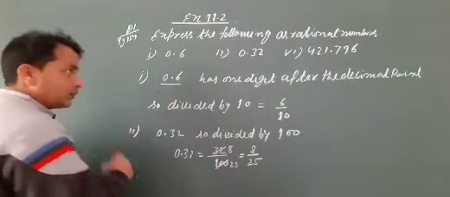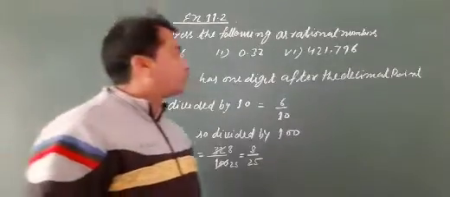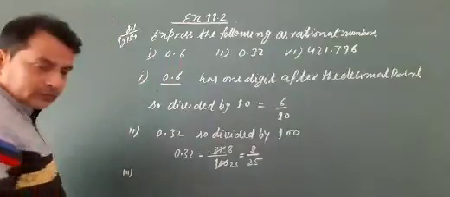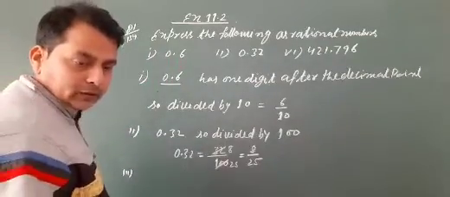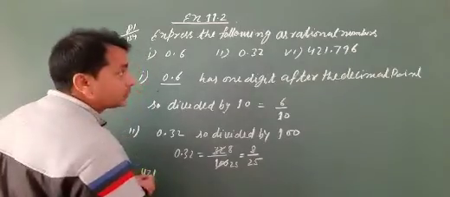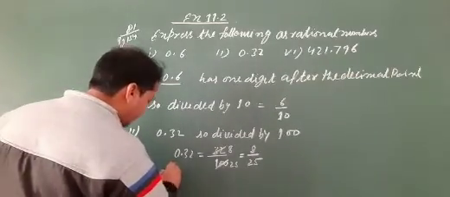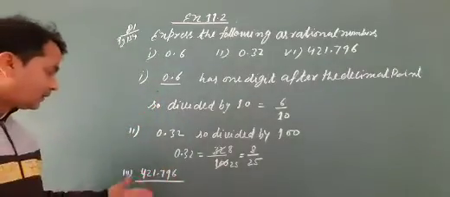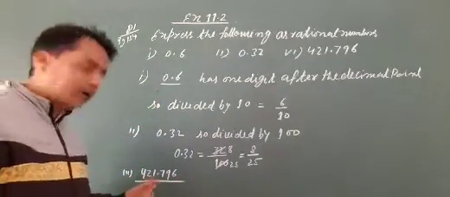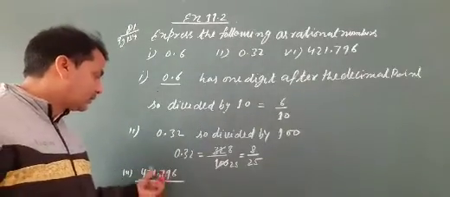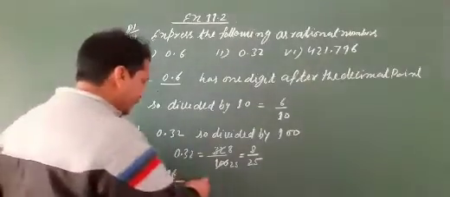Now the third question is 421.796. After the decimal point it has 3 digits.